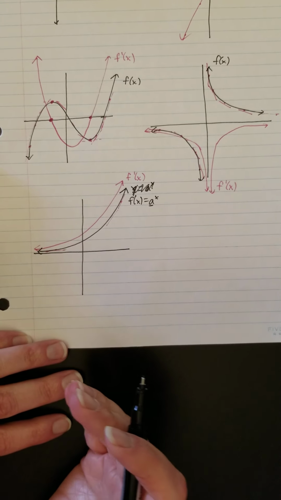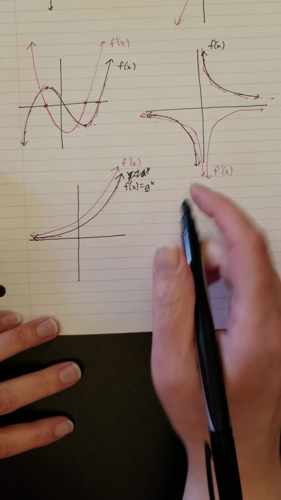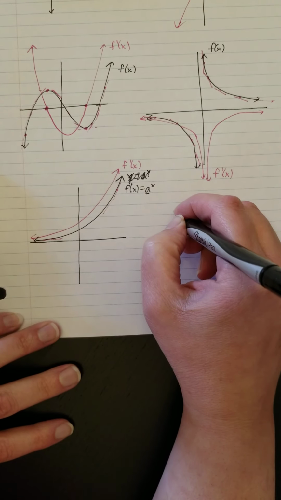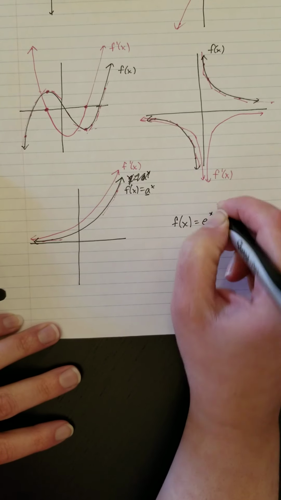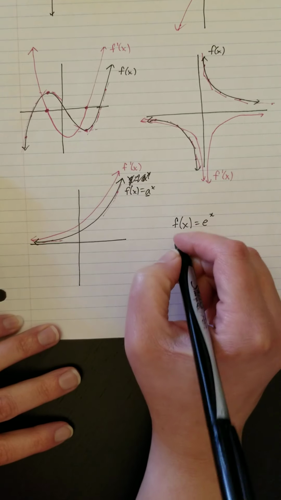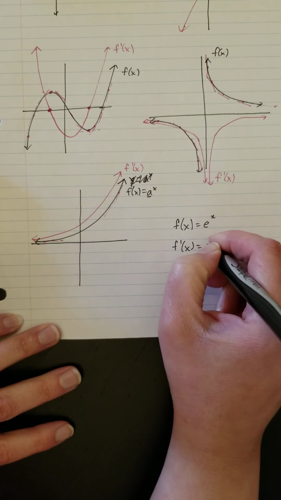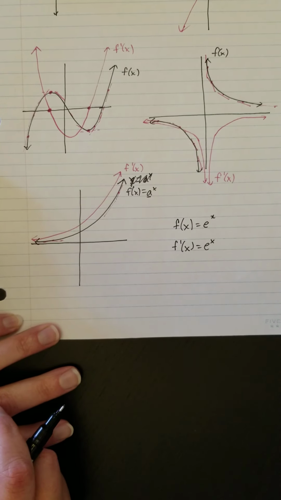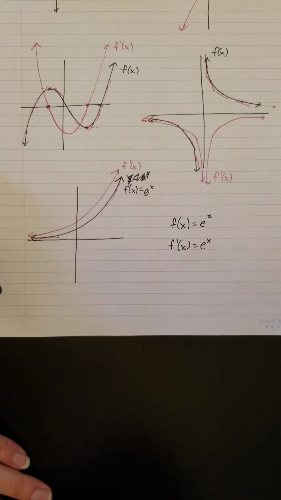So it follows the same shape, but it just has a stretch or compression factor. The function f of x equals e to the x, and e is just a number, a base of about 2.7, means that the derivative of that function is also e to the x. And that's the only function where the function itself and the derivative are exactly the same thing.